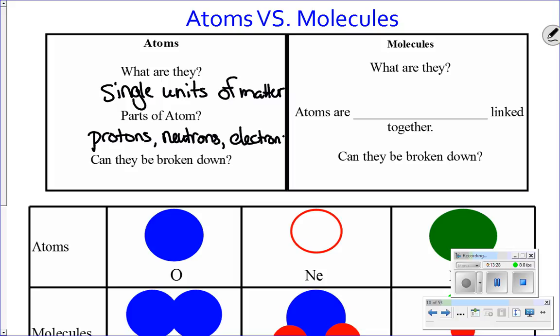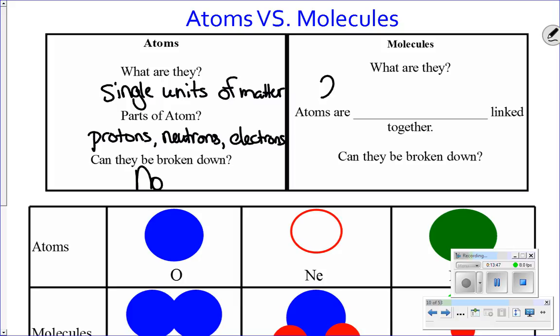So they do have these things in them called subatomic particles, which we'll spend a lot of time talking about this year, but not so much today. These cannot be broken down under normal means unless you have something like a particle accelerator. You can move electrons around a little bit in bonding, but atoms can't specifically be broken apart.